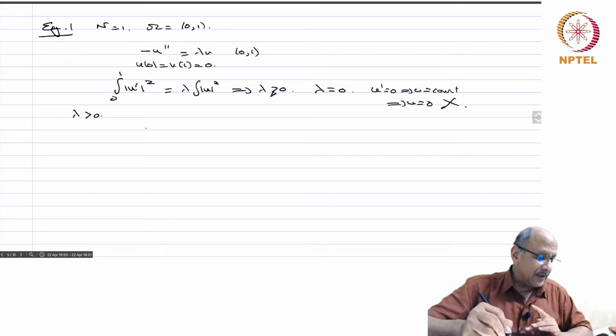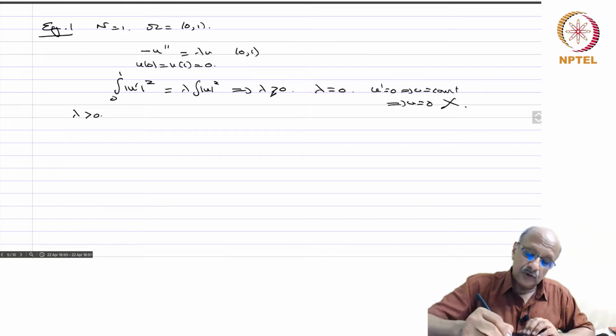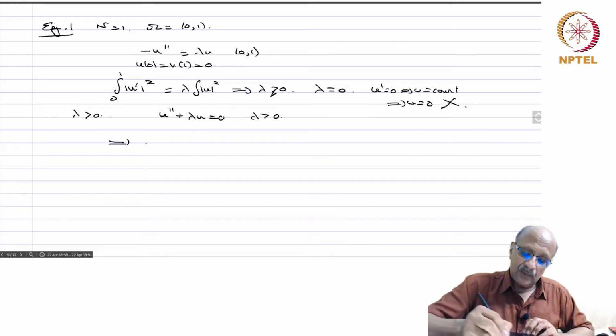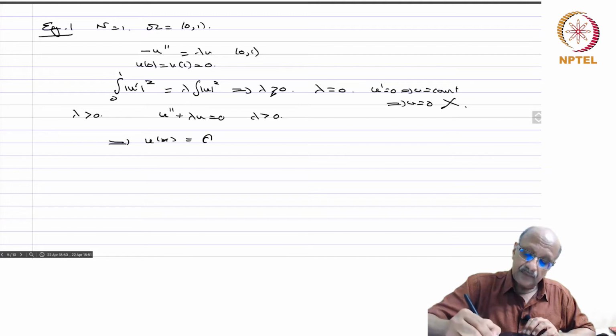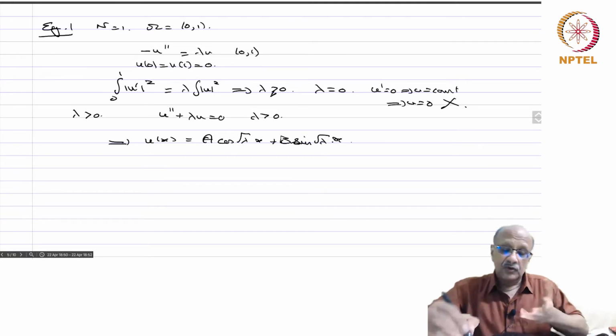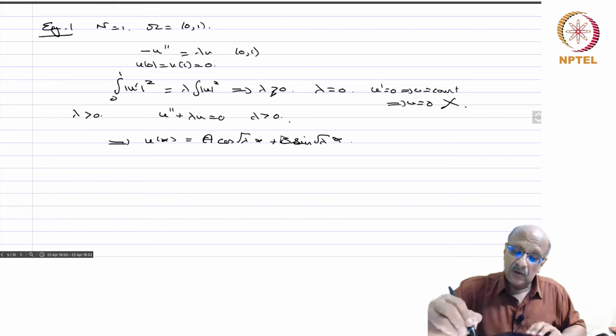In that case, the general solution of u double dash plus lambda u equal to 0, with lambda greater than 0, is u of x equals a cos root lambda x plus b sine root lambda x. This is the general solution of a second order ODE.